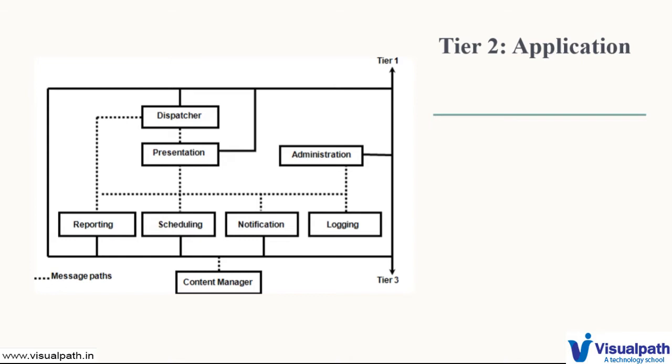Whenever we receive a request from the web server by means of various gateways, some part of Cognos is going to act upon those requests. So who is going to act upon those requests? There are multiple parts of the Cognos tier 2, or application tier. Those parts are termed dispatchers and content manager.